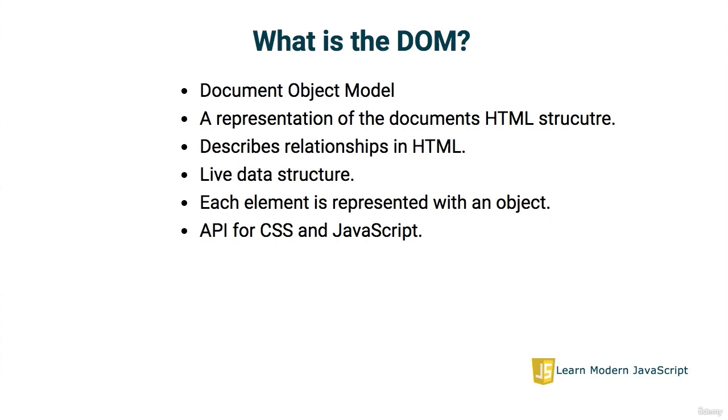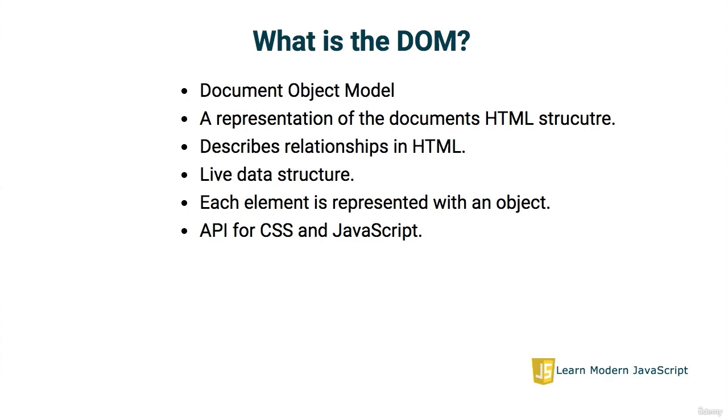With JavaScript, we're accessing the parts of the HTML page and we're doing something with them from a functional perspective. It is also possible with JavaScript to change CSS attributes that are associated with an element in the DOM. And we will be looking at that as well.